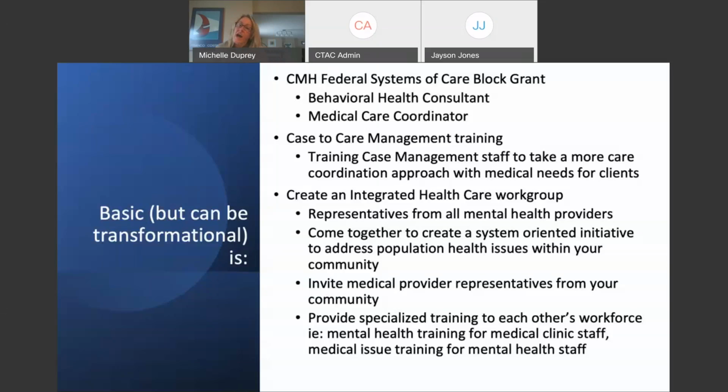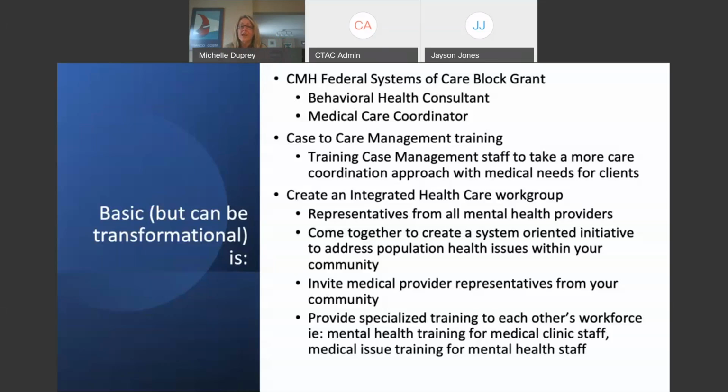So another option, I don't know if you've heard of this before, it's taken off probably in the last 5 to 6 years, is, as I was mentioning about this medical care coordinator, there's been this push through SAMHSA and the National Council about really trying to get all case managers to move from a traditional case management training and mindset related just to linking, coordinating referrals, things like that, and facilitating resources for patients, but also to start doing more care management.